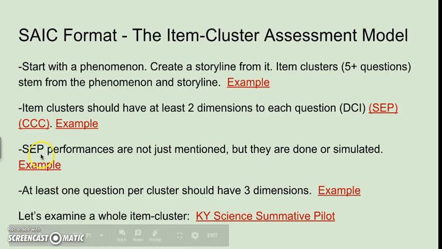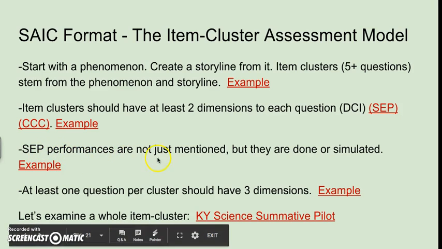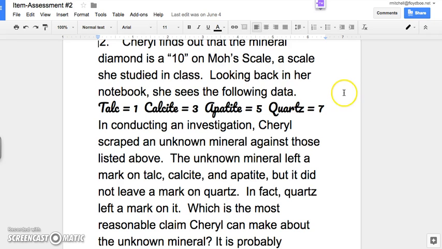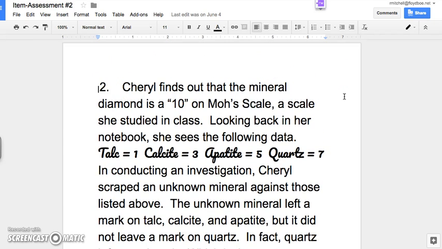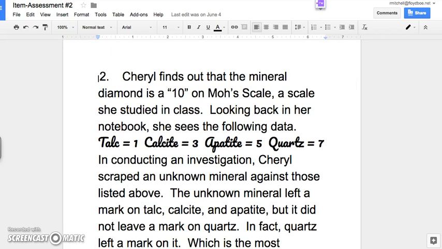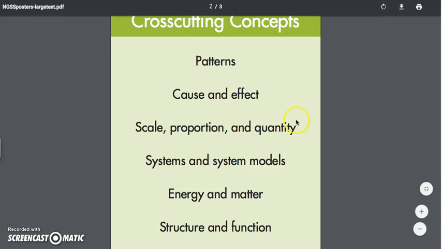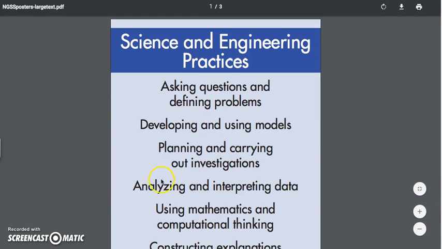The science and engineering practices performances are not just mentioned like the patterns were. Remember, patterns is a cross-cutting concept. But when you have a science and engineering practice, it has to be done by the test taker or simulated. I'll give you an example. In this particular test item, we're going to have the science and engineering practice of analyzing and interpreting data.